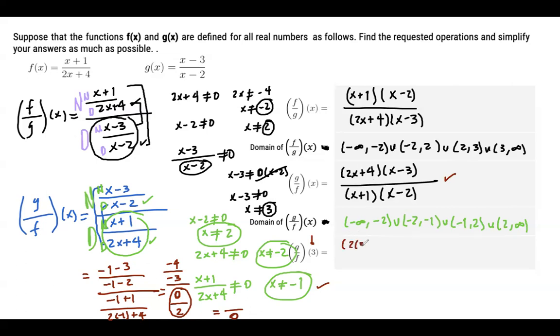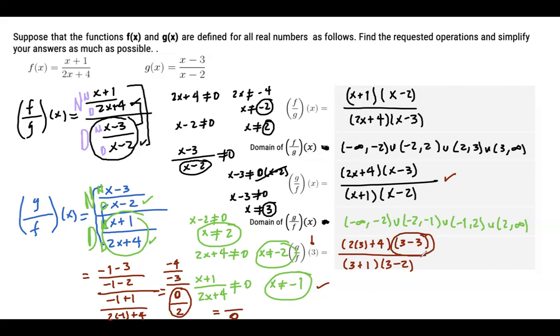You're going to do 2 times 3 plus 4, and then 3 minus 3, divided by 3 plus 1, and 3 minus 2. And you have to be aware of the fact that you have a 0 here.